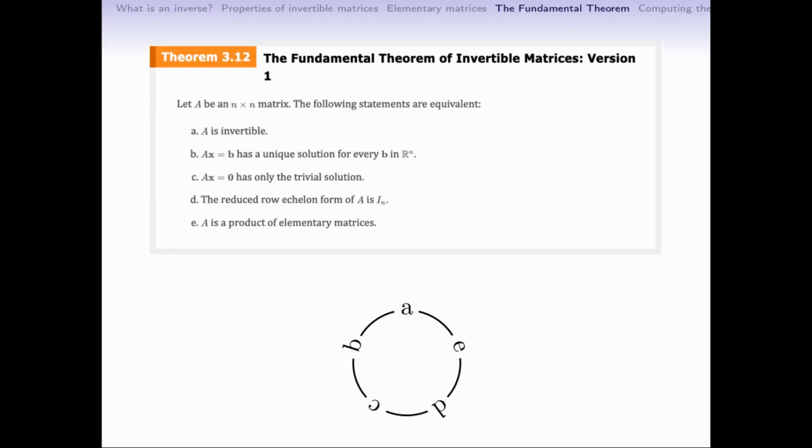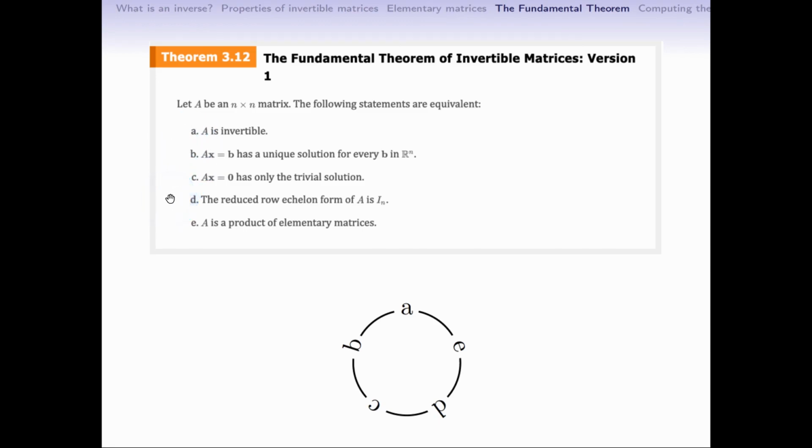We are now ready to state and prove Theorem 3.12, the fundamental theorem of invertible matrices, version 1. Let A be an n by n matrix. The following statements are equivalent, and there are 5 statements, A through E. A, the matrix A is invertible.